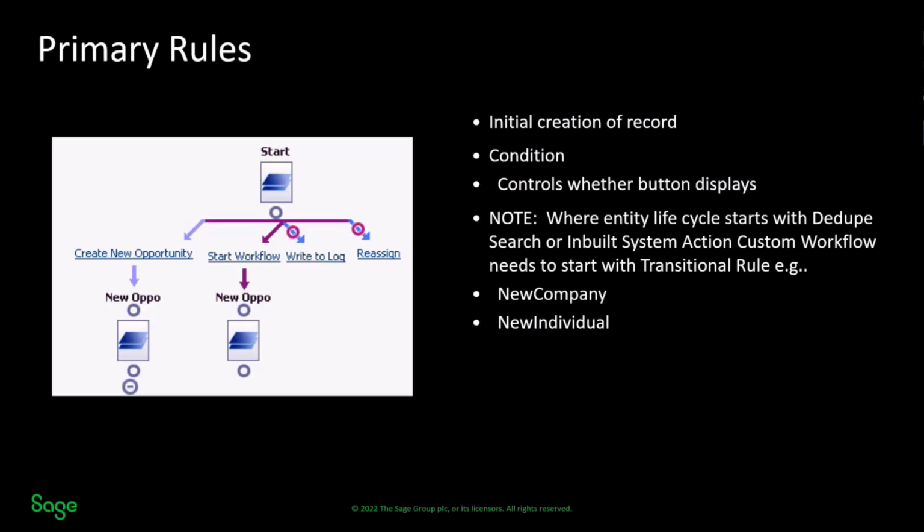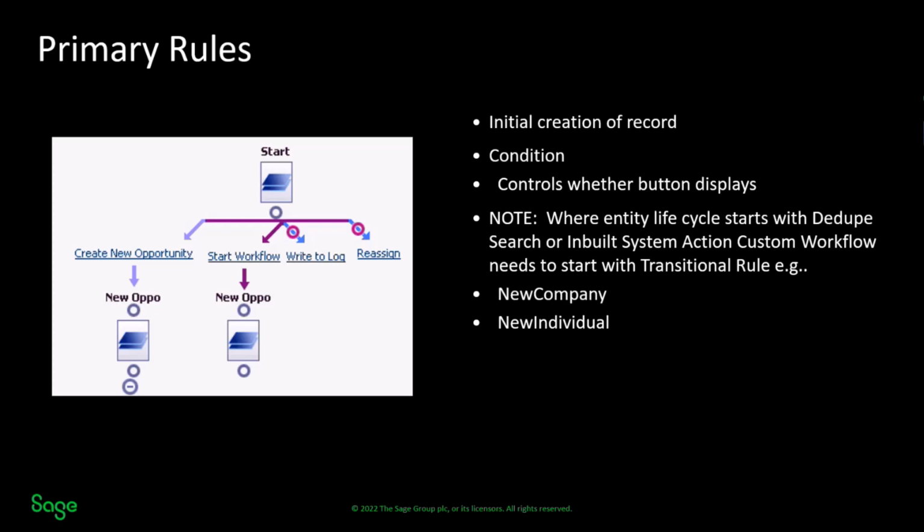Let's have a look then at the idea of the primary rule. Any data within Sage CRM can be imagined as having a lifespan, a life cycle. Data is created, data is updated, data may be deleted, but typically data simply then exists.